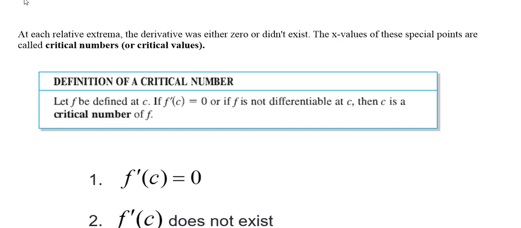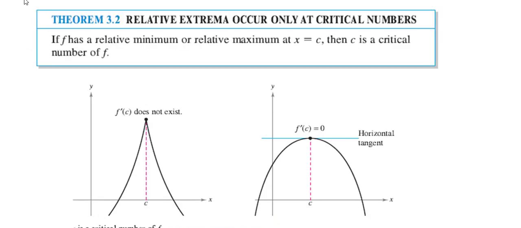So if some function is not differentiable at a value c, or if the derivative at c equals 0, then that c value is a critical number. If we have a local extrema, then that x value, at which that local extrema occurs, is a critical number.